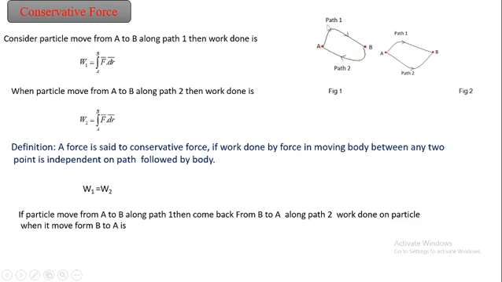It moved from A to B first, where you have determined the work done W1, but now it moves from B to A instead of A to B. So we consider the work done from A to B and B to A.